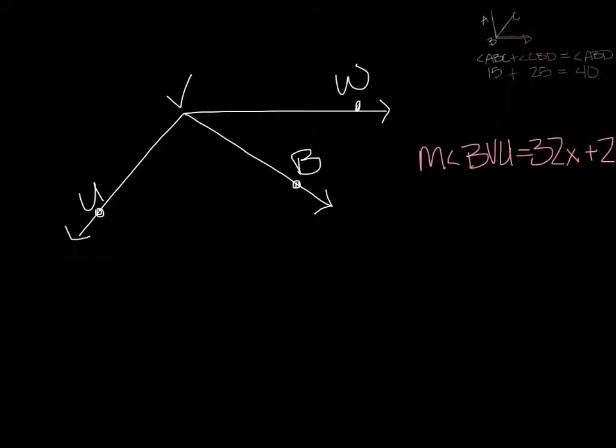So let's go ahead and label that. Angle BVU is this angle here, and that's 32x plus 2.